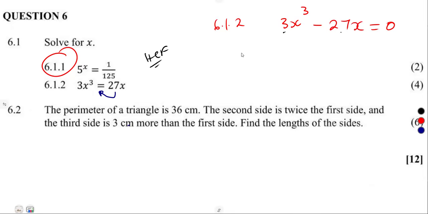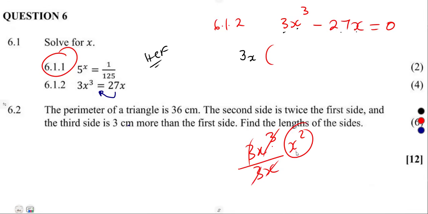Between 3 and 27, you factor out 3. Between x cubed and x, that's x. So this is our highest common factor. Factoring out this, it is going to be 3x cubed over 3x. So that's x cubed divided by x. You're going to remain with x squared.